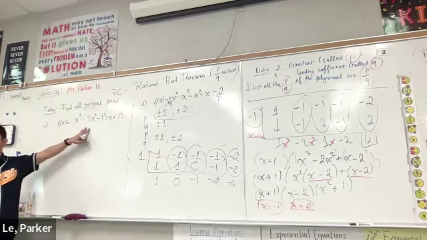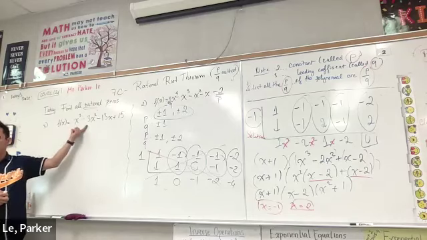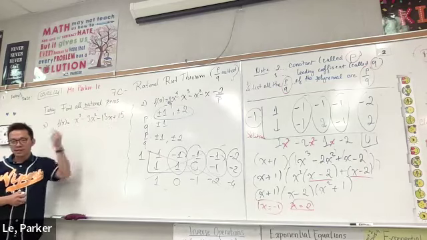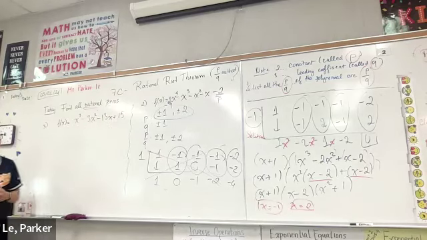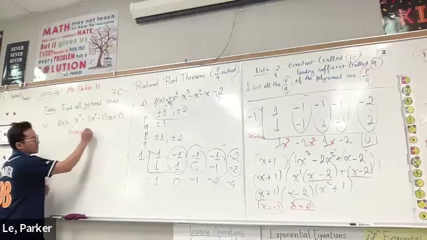But do you think grouping is going to work? How do I know? You can look at the numbers: 1, -3, -3, 13 and 15. They're not the same. You don't have a common factor. You can try, but grouping is not going to work. So grouping doesn't work.